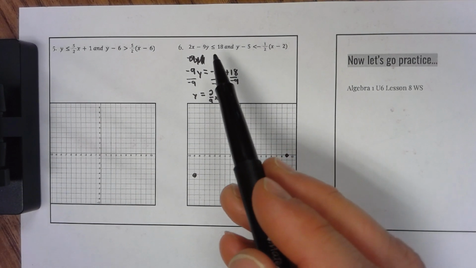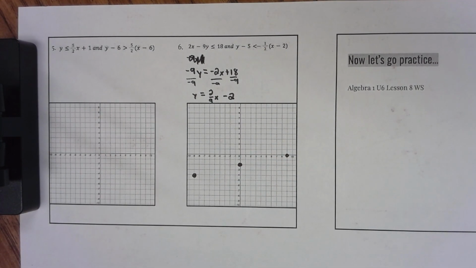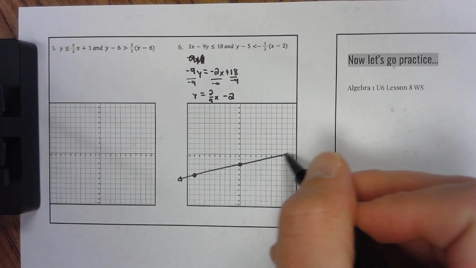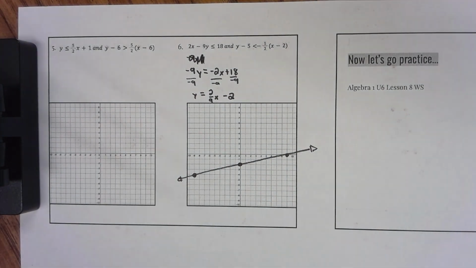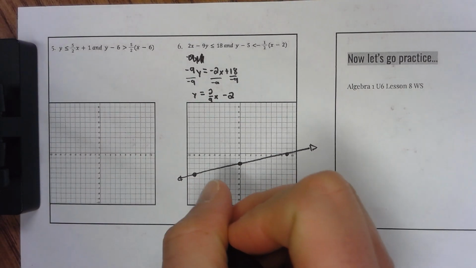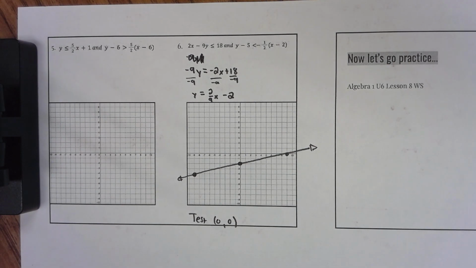And then because of this being less than or equal to, I need this to be a solid line. And if you want, you can actually test right now and just figure out where we're going to shade. I still would prefer that we use arrows and not any sort of actual shading just so that it doesn't get too confusing.